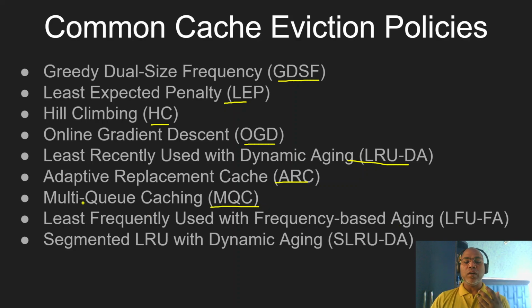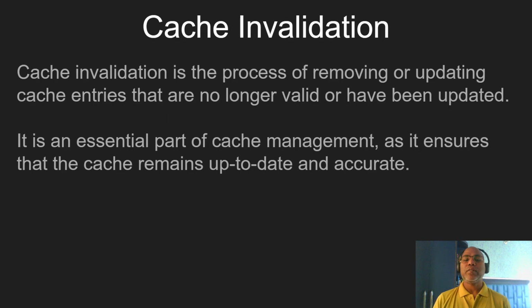Similarly, you can use the least recently used combined with LFU, or segmented LRU with dynamic aging. So lots of techniques you can explore. If any one of them does not fit your requirement, you have to explore, because we have lots of cache eviction policies.